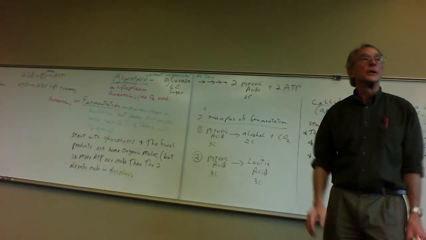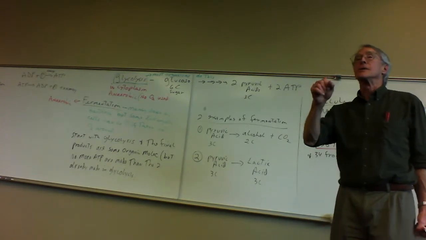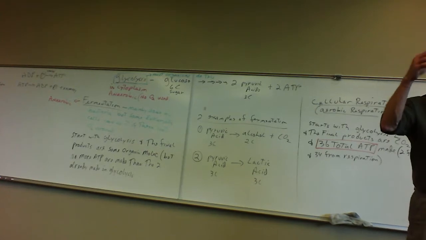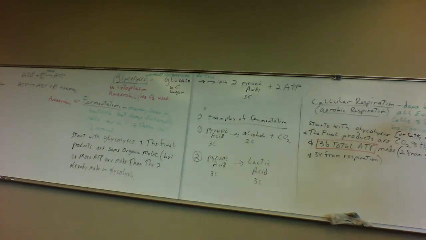That just stores the extra for use later. But that's not ATP being stored. You're really storing sugar molecules, which when we need them, we'll break down in these processes to get all the ATP we need.